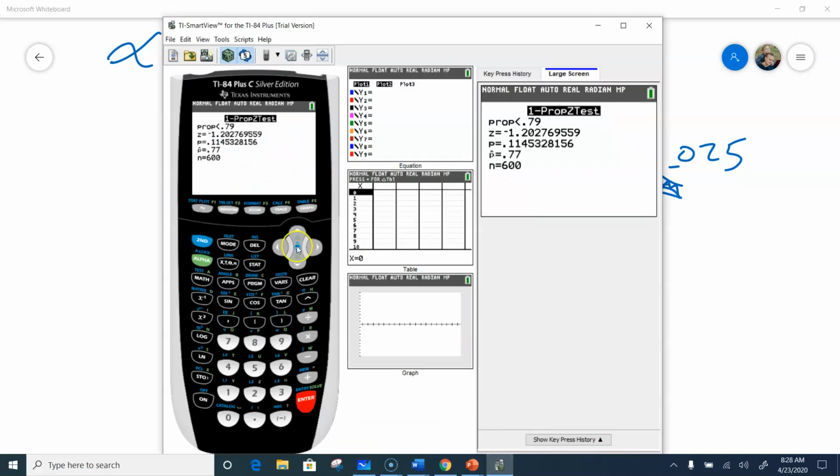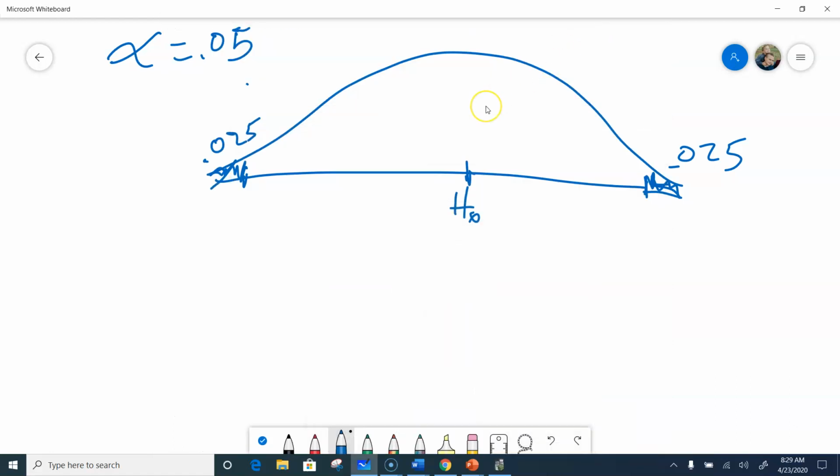So if I inverse norm 0.025, and I get negative 1.96. My critical values are the same on both ends. It's symmetric. So one critical value is negative 1.96. The other critical value is positive 1.96.